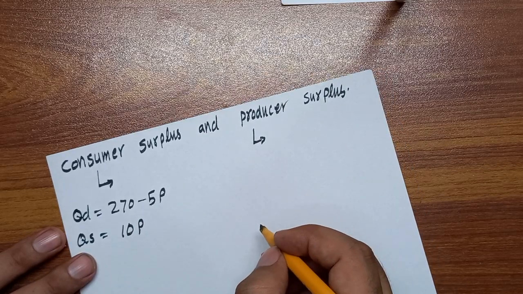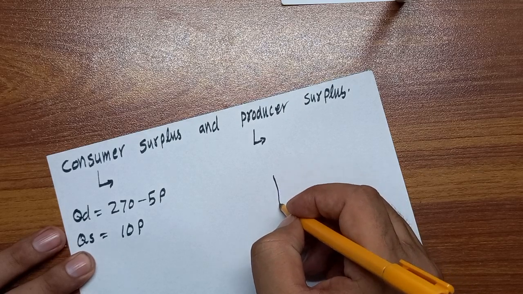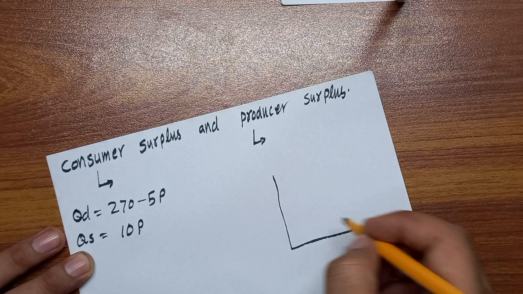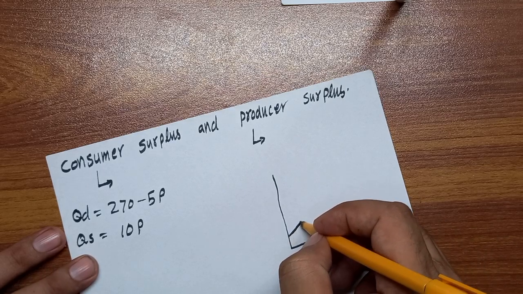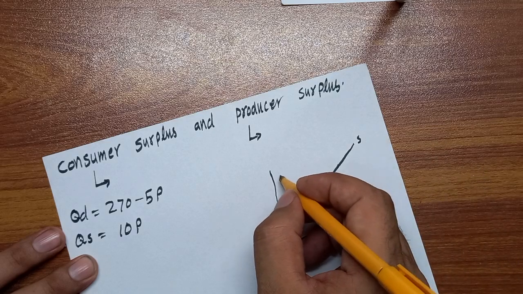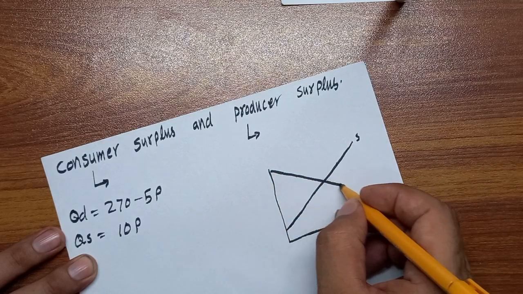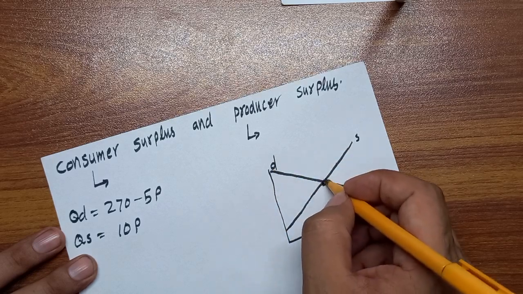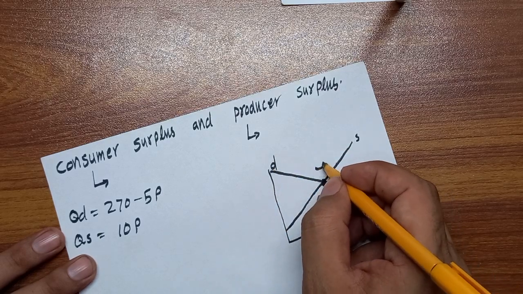So we should know the graph. We will have a graph for supply. This is the line for supply and this is the line for demand. This point is called the equilibrium point.